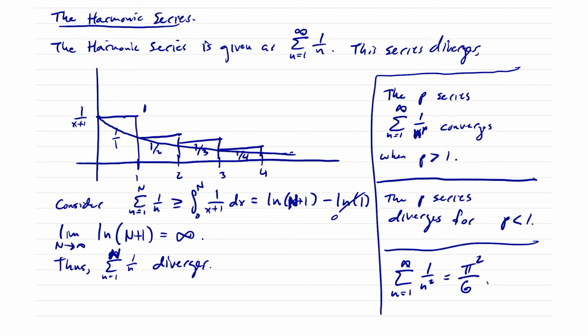When was Euler born? He was born in 1707, so in 1734 he would have been, what, like 27? Something like that.